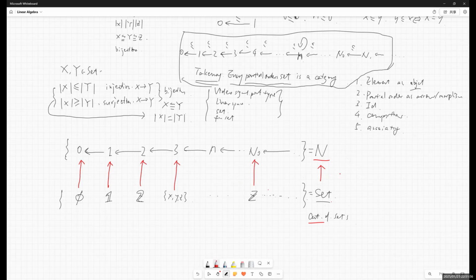That kind of map is called a functor, distinguished from a function. A function is a map from set to set. A functor is a map from category to category.